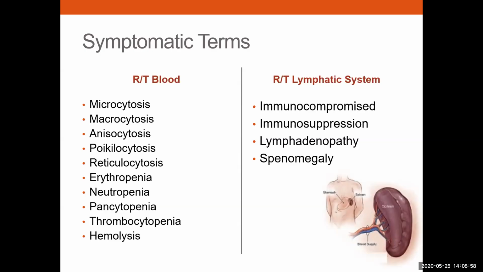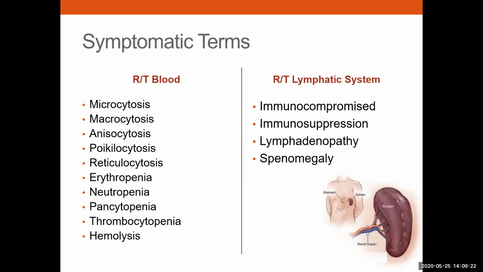An is not or without, and iso is equal, so unequal, pertaining to size. And then poikilocytosis is presence of large irregular shaped red blood cells. Reticulocytosis is increased number of immature erythrocytes in the blood.